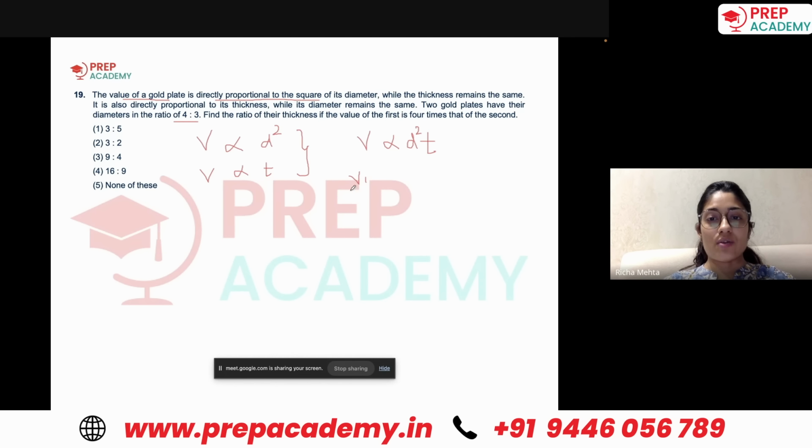So basically your V1 upon D1 square T1 is equal to V2 upon D2 square T2 because it's a direct proportional. Okay. Now diameters are in the ratio 4:3, which means let's say if D1 is 4, D2 is 3. So this is 16 into T1 is equal to 9 into T2.